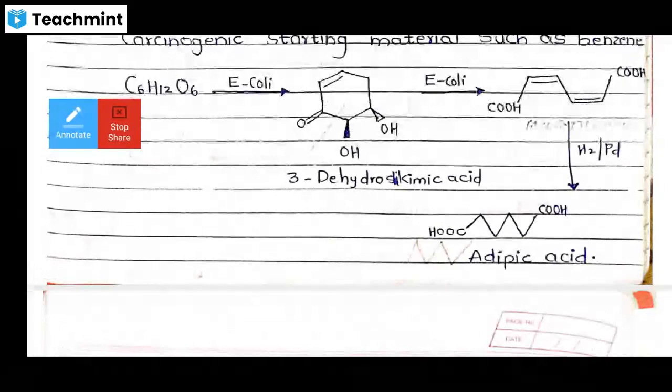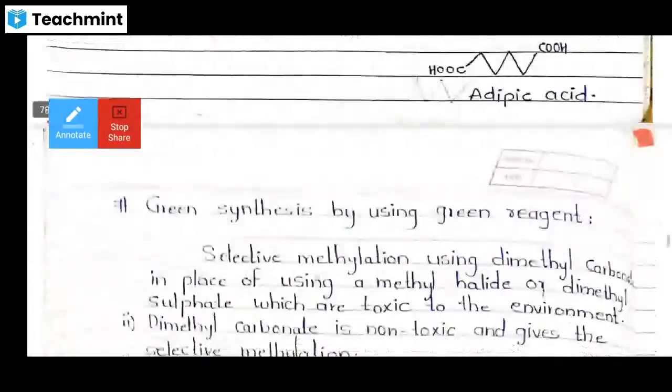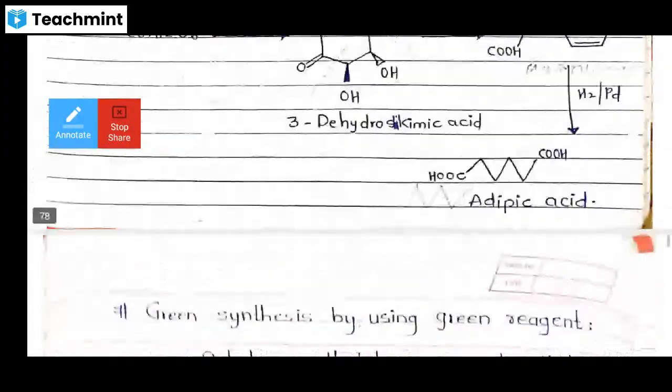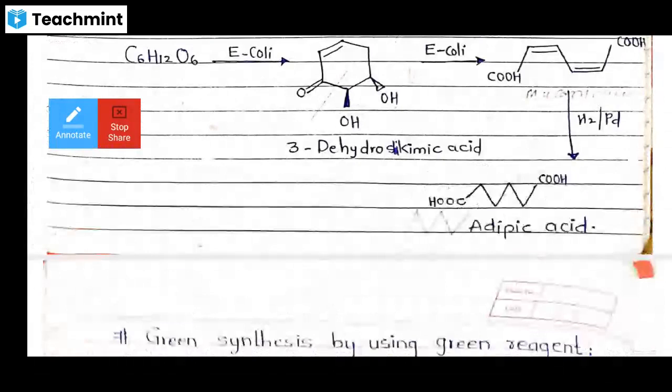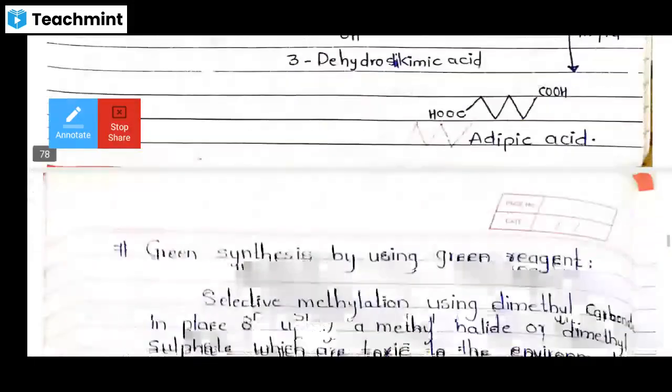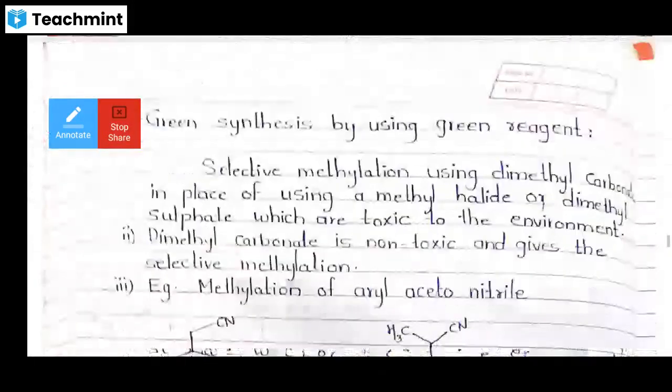And if you reduce this, using the reducing agent, we will get adipic acid as the product. So this is the green method. We use green starting materials, the green technique, the green catalyst, that is E. coli, and we get the final product from glucose. So green synthesis by use of green reagents.